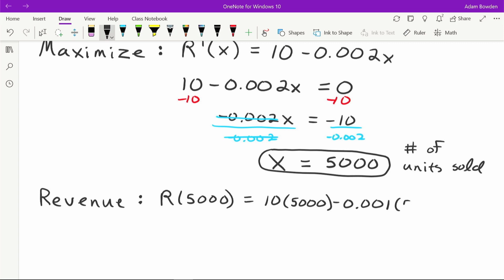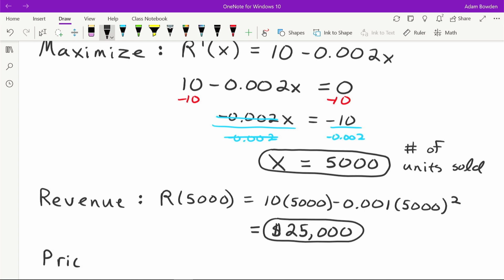So here's what it would look like if we plug 5,000 into the original revenue function. I came out with a total of $25,000. The actual price they need to set according to the price demand equation, we'll plug in the number for x inside the P equals equation, which looks something like this here.